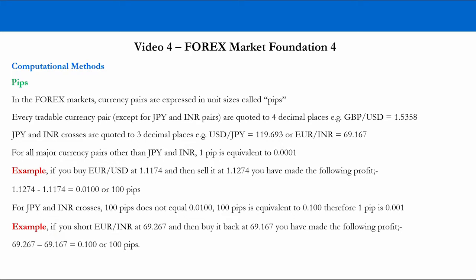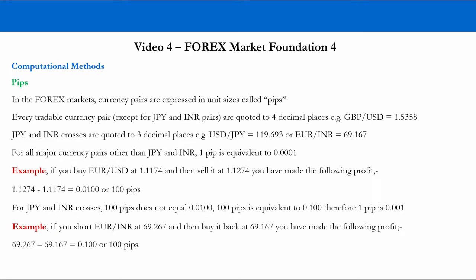And for Japanese yen and Indian rupee, 100 pips is basically equal to 0.100, and 1 pip is 0.001. So, for example, if you went short the Euro Indian rupee cross rate at 69.267 and then bought it back at 69.167, you will have made 100 pips.